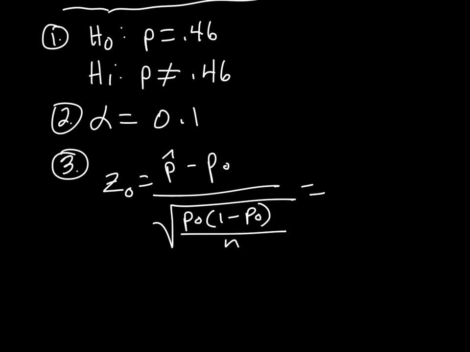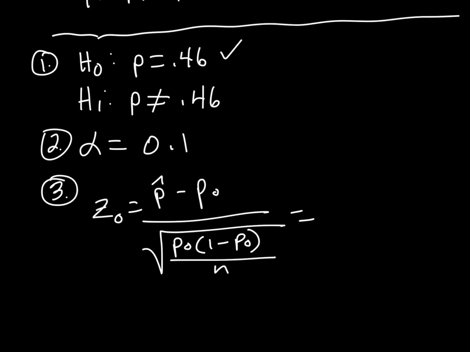We've got all of that except for the p hat. The p naught is the p associated with H naught. It's 0.46. And I don't remember what n is. We'll have to go reread and find that. And we'll have to reread to find p hat.